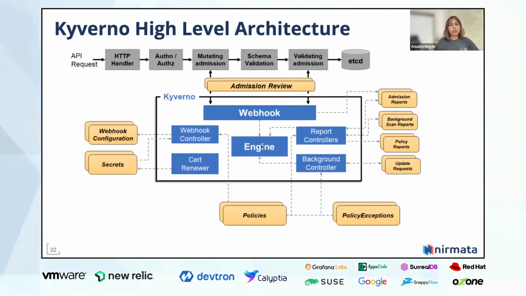The engine does all the rule processing, and the various controllers are Kubernetes-native controllers that react to different kinds of events. There are different custom resources. Like we always say, Kyverno is Kubernetes-native. What does that actually mean? We follow all the Kubernetes patterns of controllers, extended via custom resources.